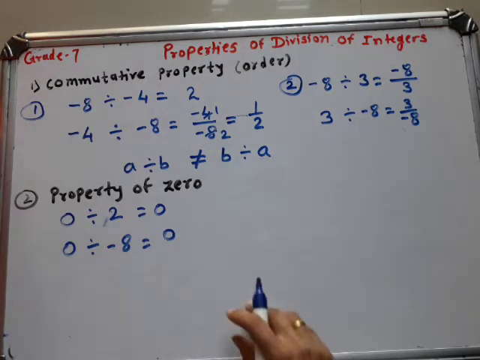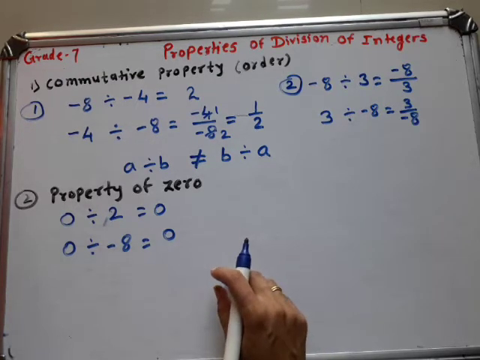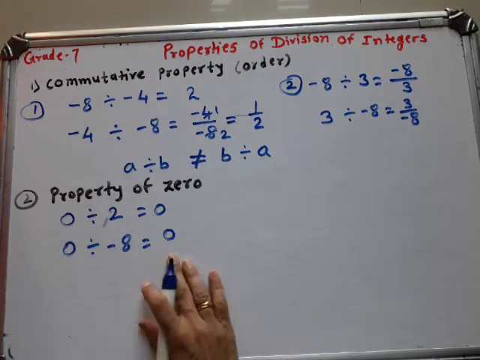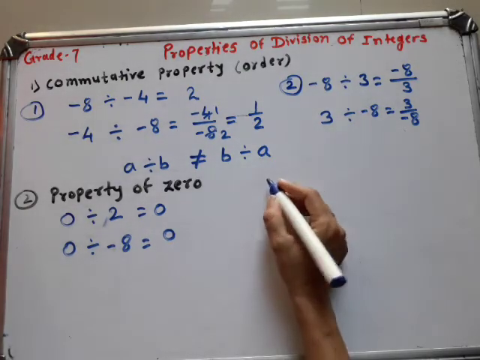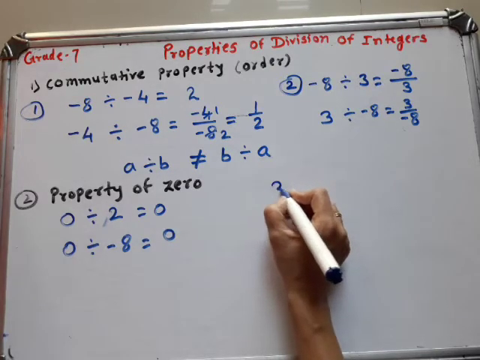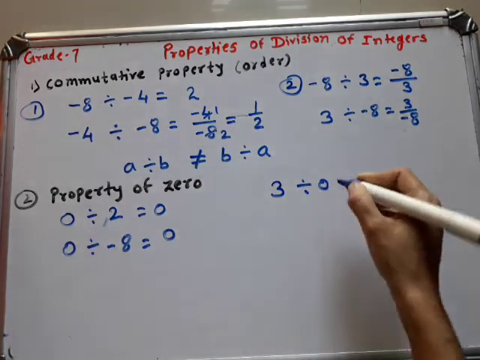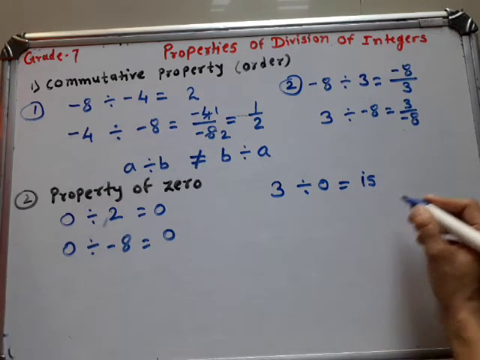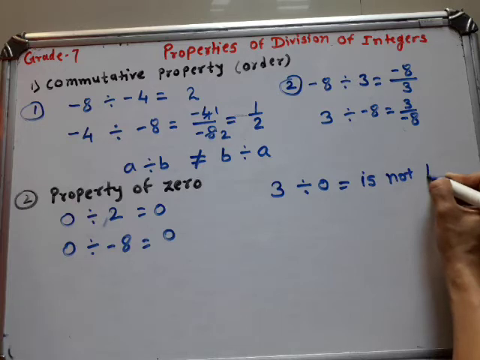So 0 divided by any integer always gives the answer 0. But suppose we take the integer 3 divided by 0, it is not defined. So you have to write here: not defined. This is not possible.